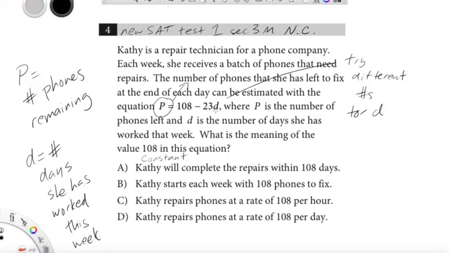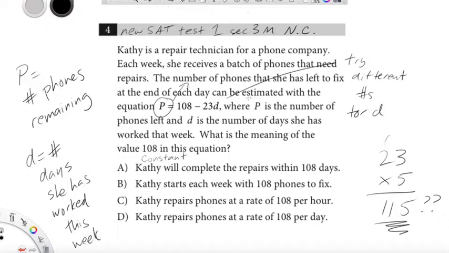Now, what's a little bit weird about this number is, there are 5 days in a work week usually, but 5 times 23, if you do that out, which you'll have to do because this is the calculator not allowed section, 5 times 23 is actually 115, so that might kind of confuse you a little bit.